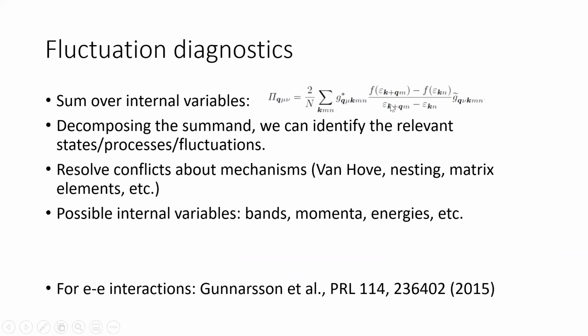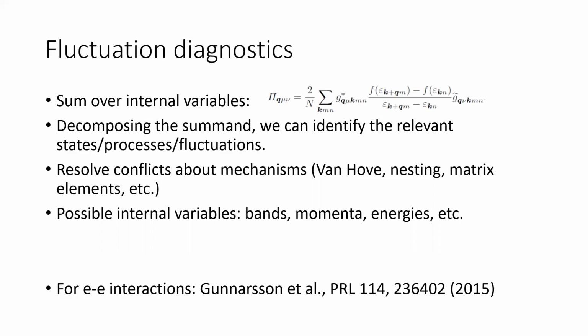In this case, the main internal variable is the electronic momentum, because there's only a single relevant electronic band. And we can look at which momenta are really responsible for the largest contribution to the sum. In this way we learn what is the mechanism that is responsible for charge density waves.